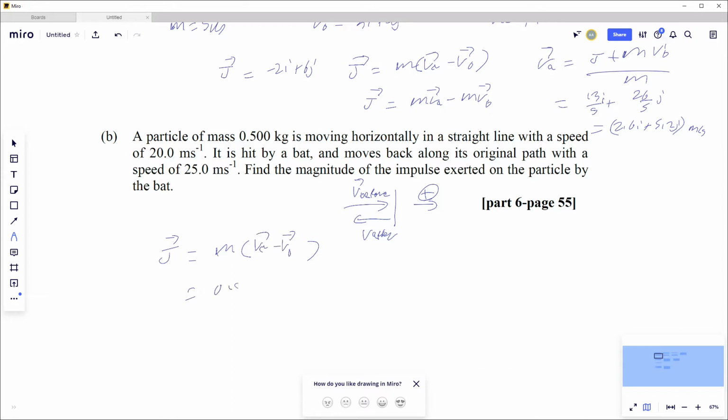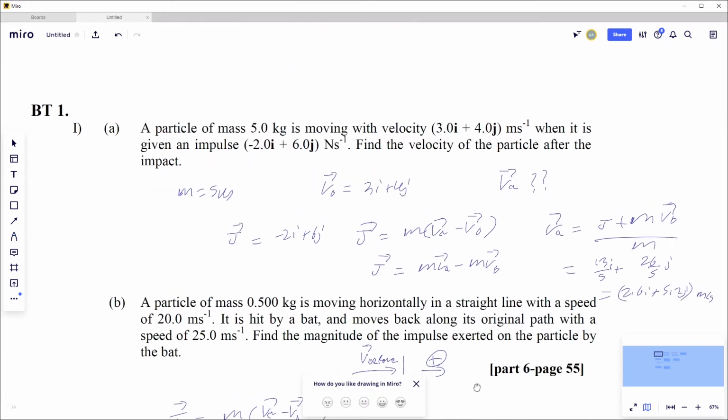So it's going to be 0.5 times va. This is v after, and I said positive, so it's going to be negative for me, so minus 25, minus from the formula, and velocity vb is 20, positive, and you get 0.5 times minus 45, you get here minus 22.5 newton seconds.